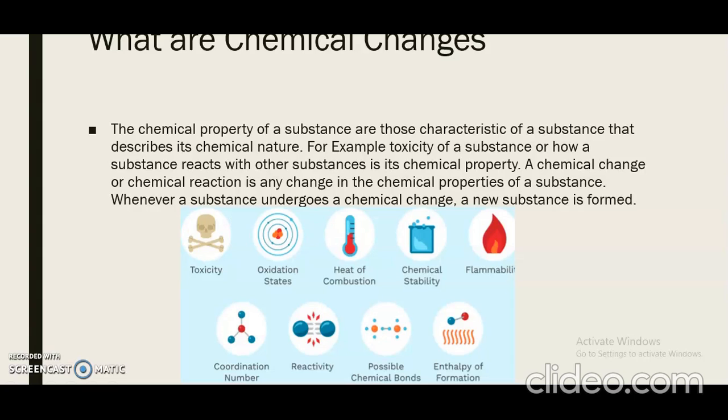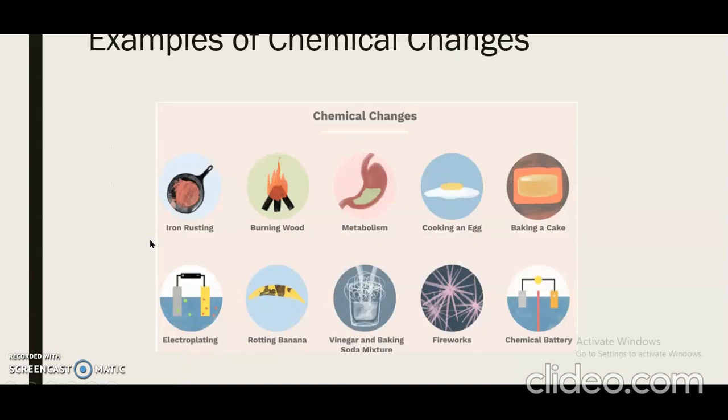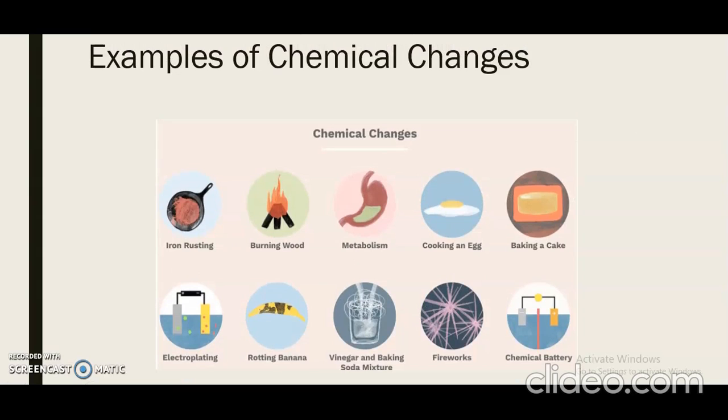Now let us see examples. Let me show you examples of chemical changes. Iron rusting, burning of wood, metabolism, cooking an egg, baking a cake, electroplating, rotting banana, vinegar and baking soda mixture, fireworks, chemical battery.